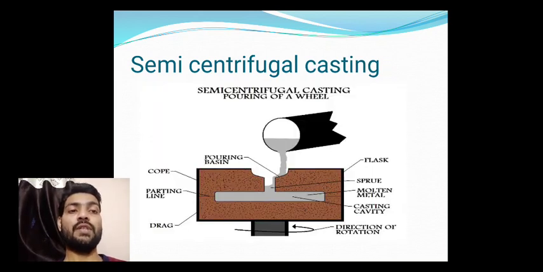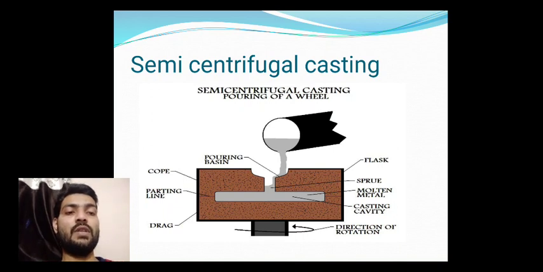The figure shows semi-centrifugal casting, which has a vertical axis. It also revolves at very high speed. Before it starts revolving, we have to fill the mold cavity by pouring molten metal with the help of a ladle.